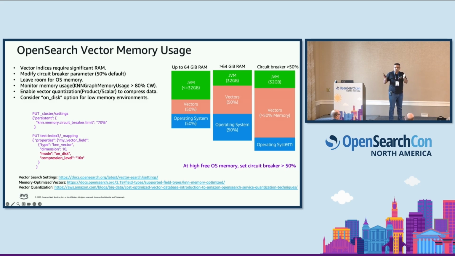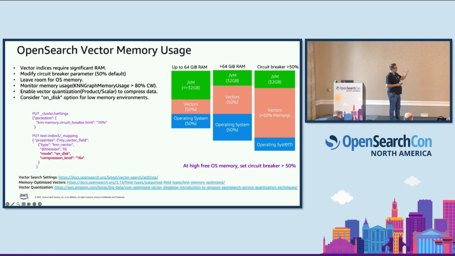By default, out of 100 gig, 50 gig will be given for the graph and 50 for the operating system. The operating system doesn't really need 50 gig all the time, unless you're running other applications besides OpenSearch on the host, and in dedicated clusters, we only run OpenSearch processes. So you can tweak that parameter to give more memory for vector search so that it can load more vectors for more in-memory vector processing.